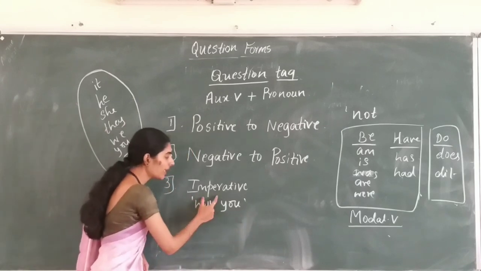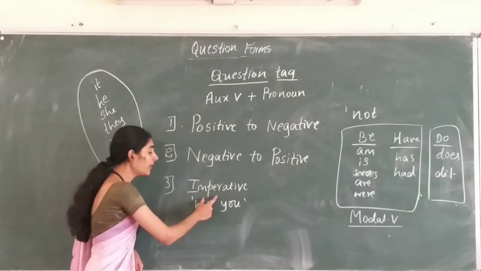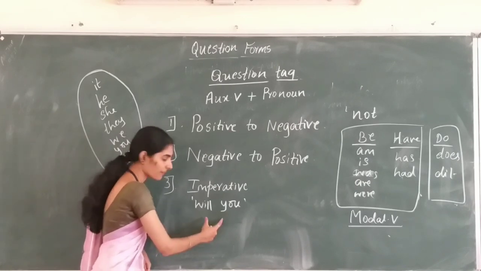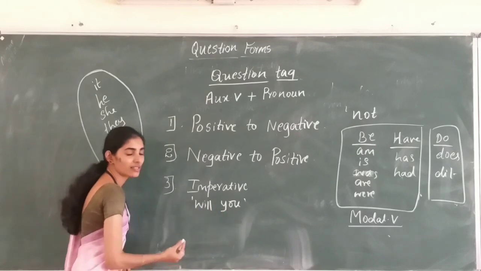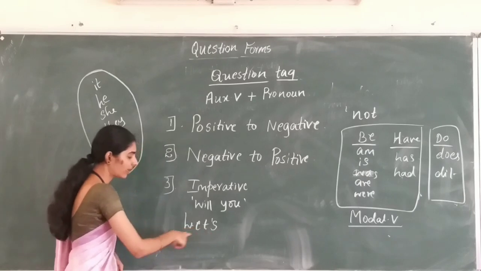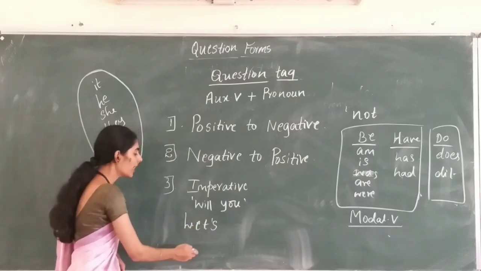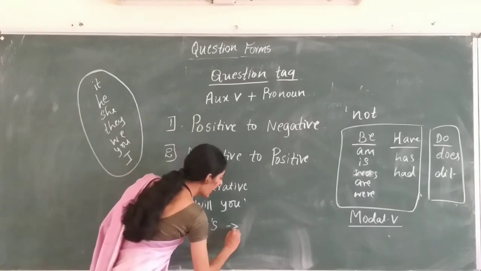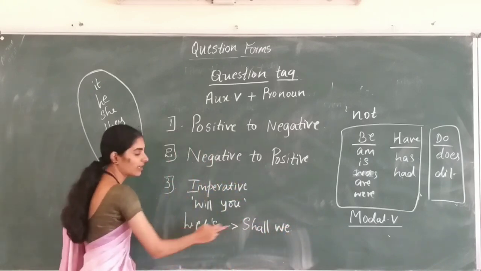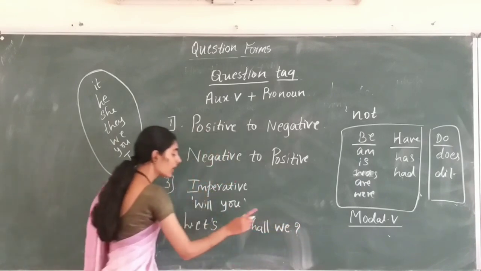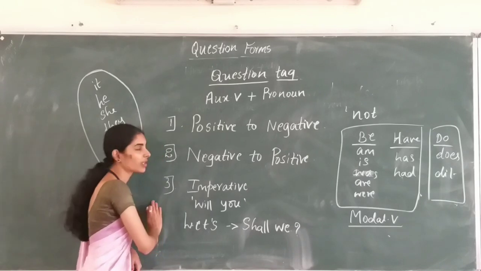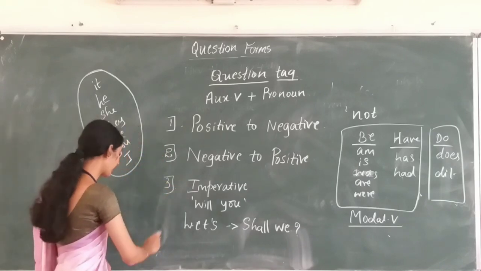And if the imperative sentence begins with let's, let us, then the tag becomes shall we, with a question mark. Again, the question mark is very important. So this is the introduction to the three forms of question tags.